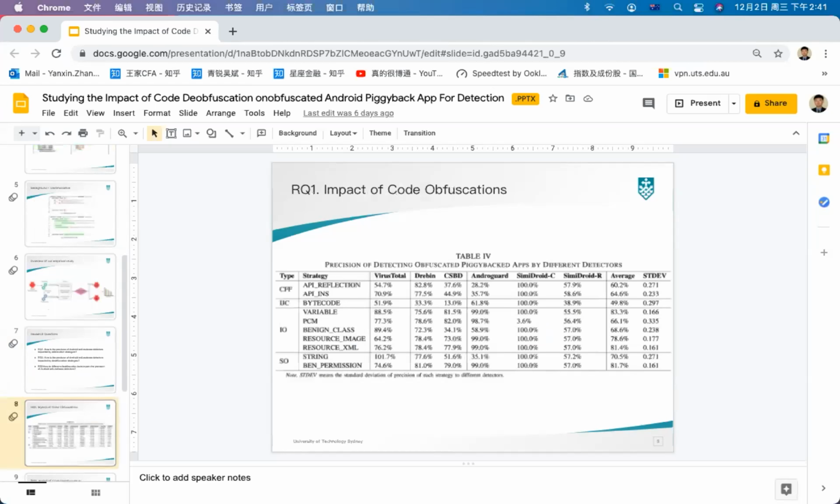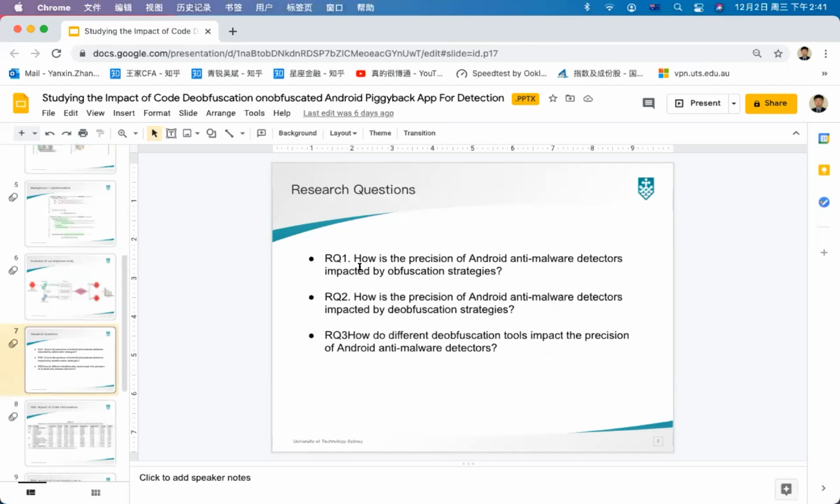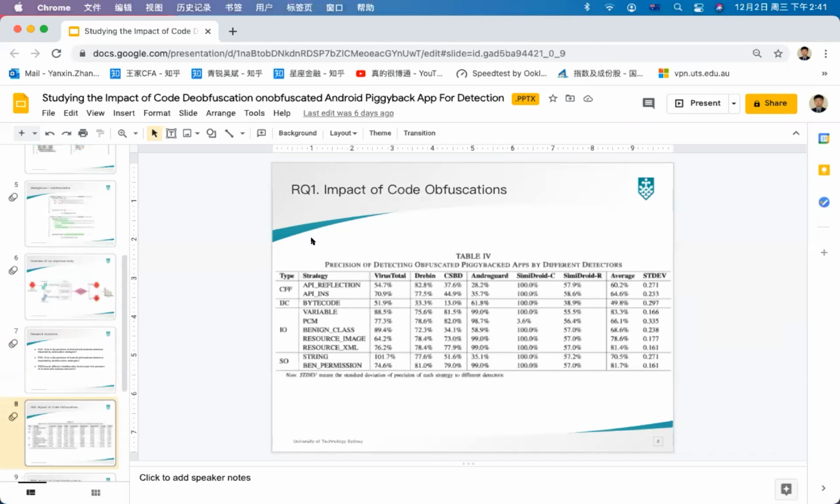So after that, we first evaluate the first research question, and we have these obfuscation results. From this table, we can have a look.